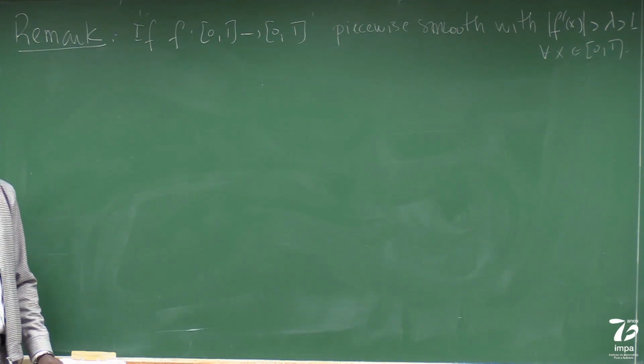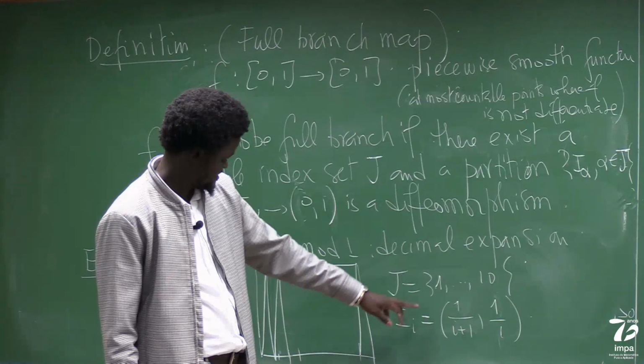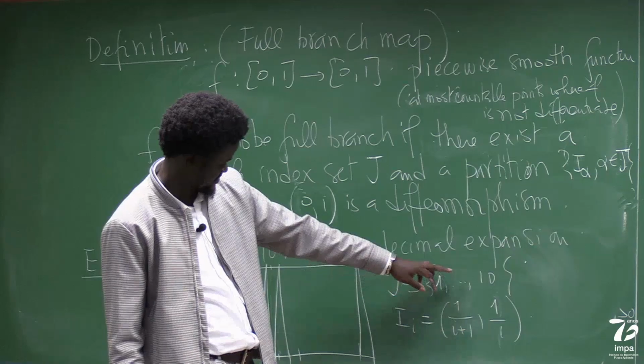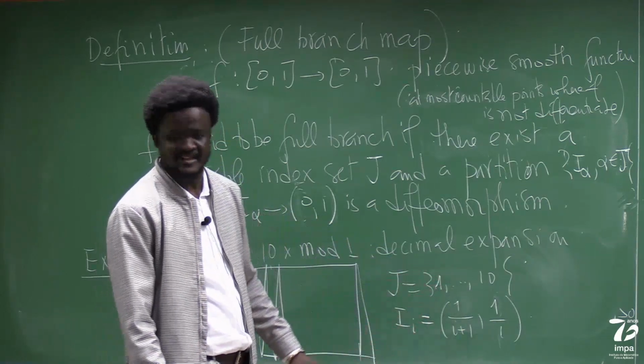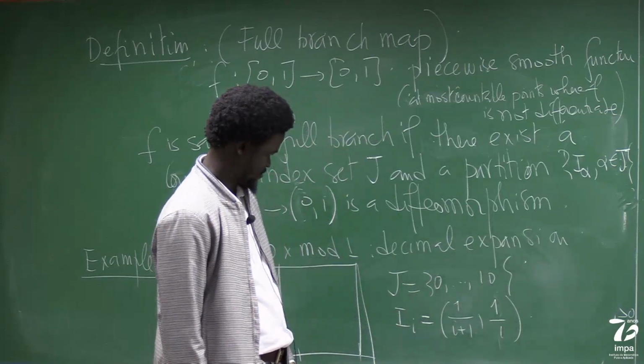You can always find a power that gives a full branch map. So I think you confused the definition of AI. Probably. What did I do? You should start from 0 to... Yeah, because the I is in the numerator. Yes. So it's... Oh, yeah.